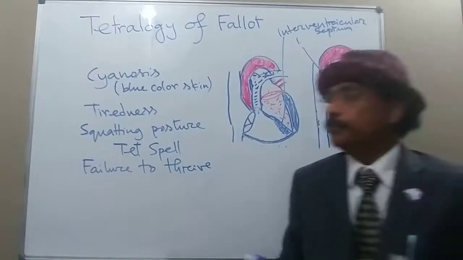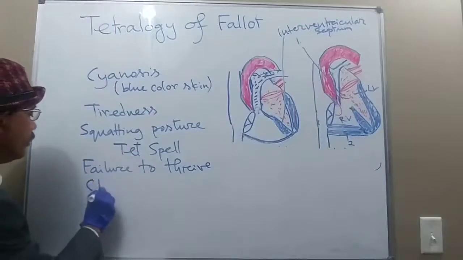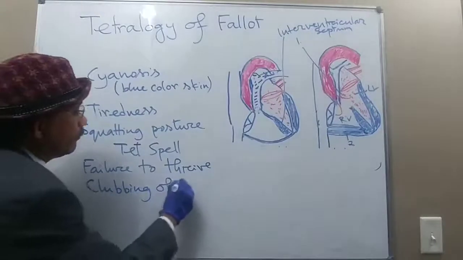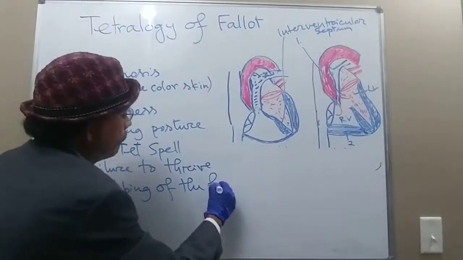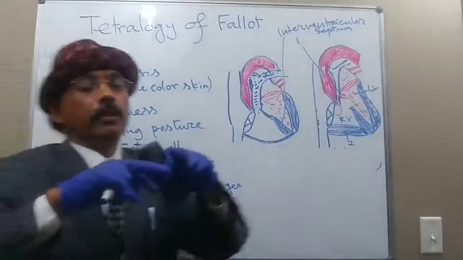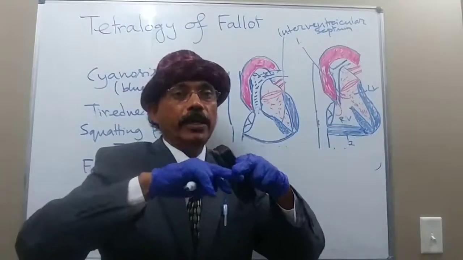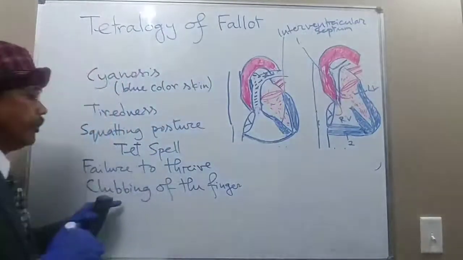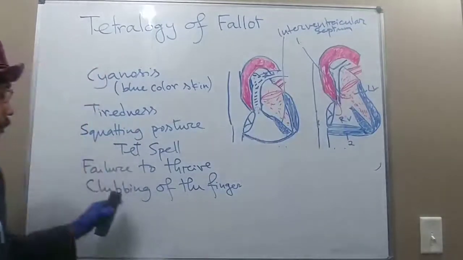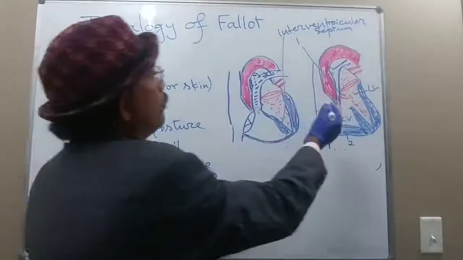And the child will develop clubbing of the fingers, especially the distal phalanx. The nail will be convex and soft tissue will be thickened at the nail bed area. We call it clubbing of the finger. This is the manifestation of cyanotic heart disease.